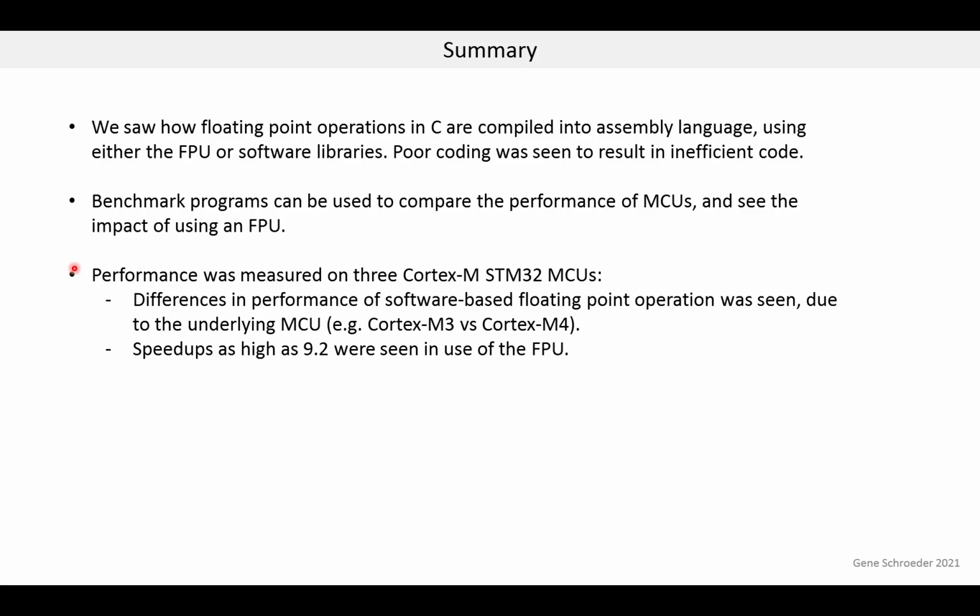Performance was measured on 3 Cortex-M STM32 MCUs. The differences in performance of software-based floating point operation was seen due to the underlying MCU, for instance, Cortex-M3 versus Cortex-M4. Speedups as high as 9.2 were seen in use of the FPU.